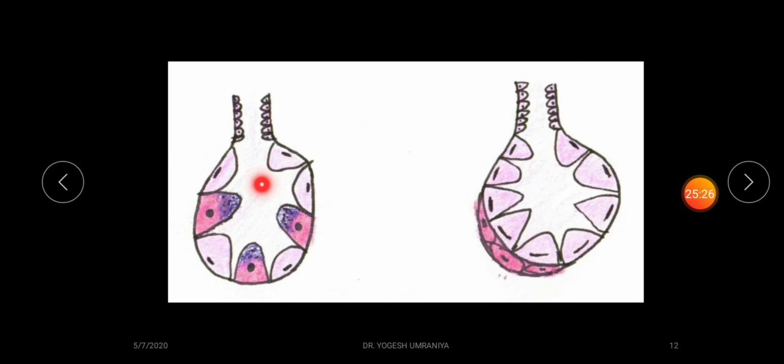In the first figure you can see 3 serous cells, lying in between the lightly stained mucous cells. And in another figure you can see the serous cells forming a cluster and lying in the form of a half moon shaped cap over the mucous cells.